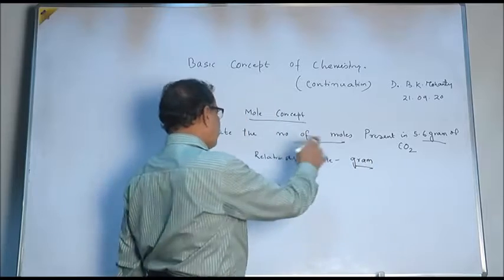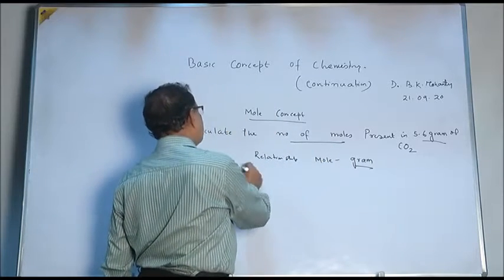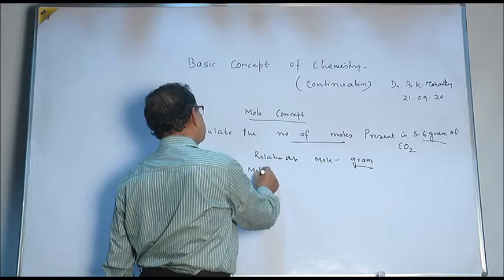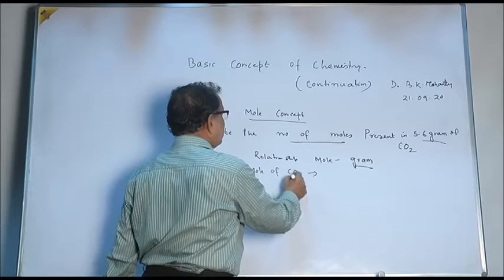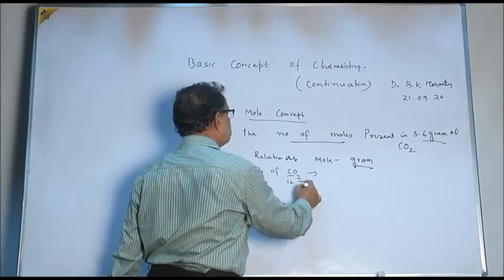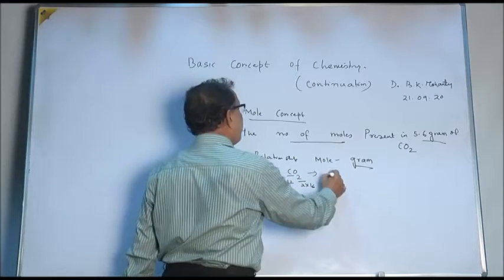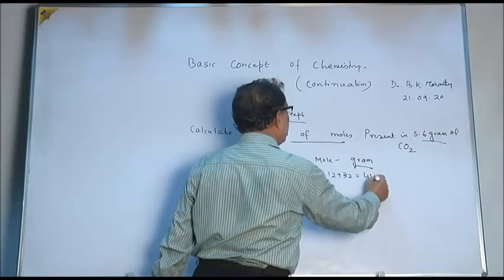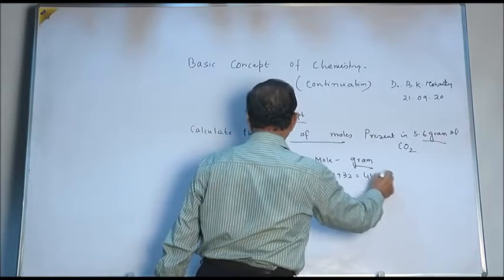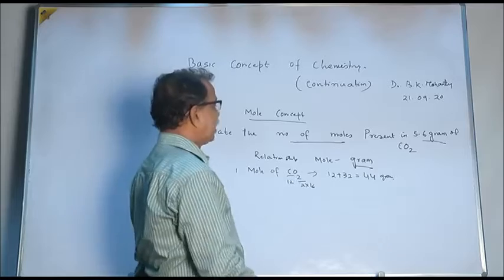So, 1 mole of carbon dioxide: carbon is 12, oxygen is 2 into 16, 12 plus 32, that is equal to 44 grams. 1 mole of carbon dioxide is 44 grams.